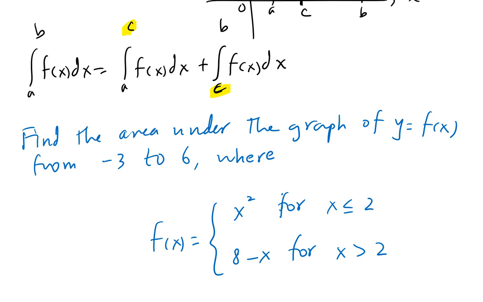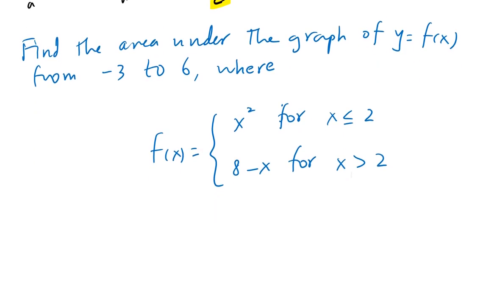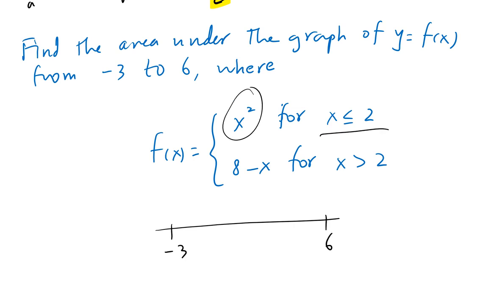But if we think a little bit about it, they want us to go from -3 to 6. Let me draw a number line, just a number line, -3 to 6. Well, they said use the function x squared when x is less than 2. So there's a 2 here somewhere. So over this interval from -3 to 2, use x squared.